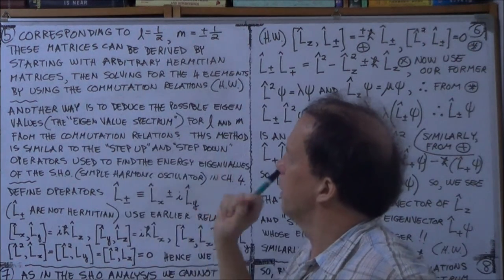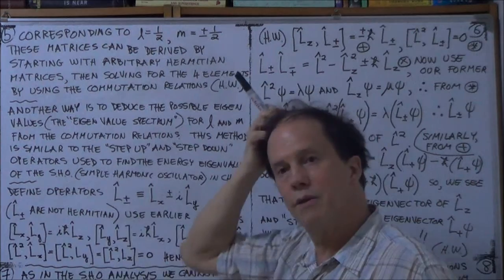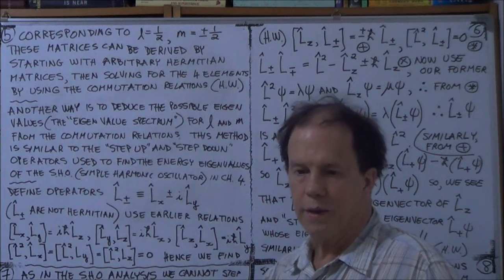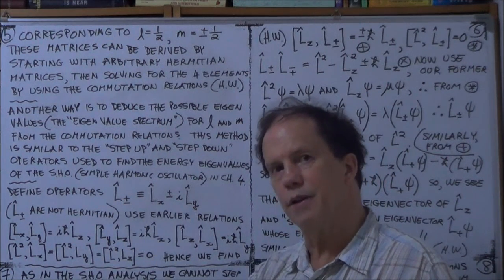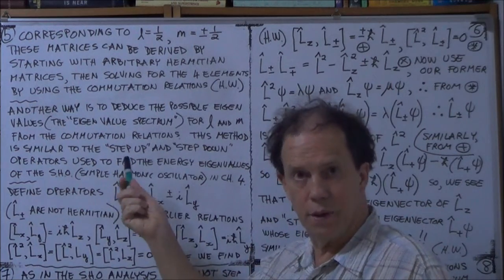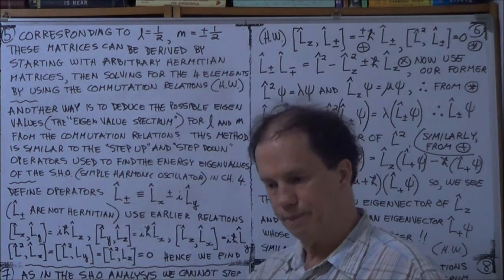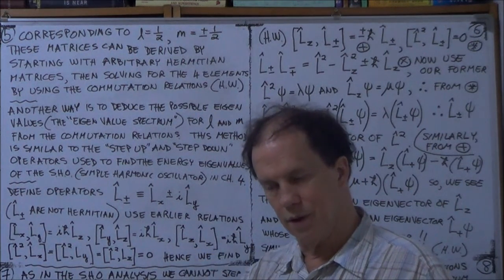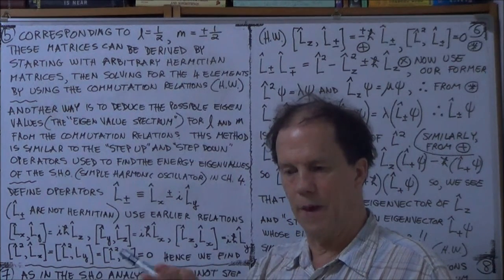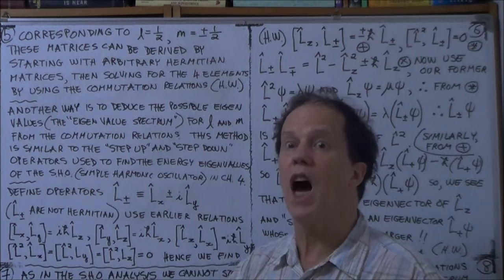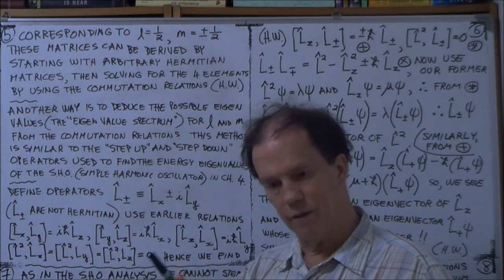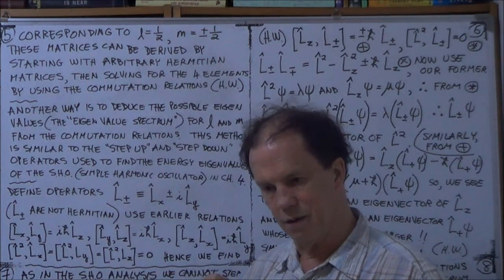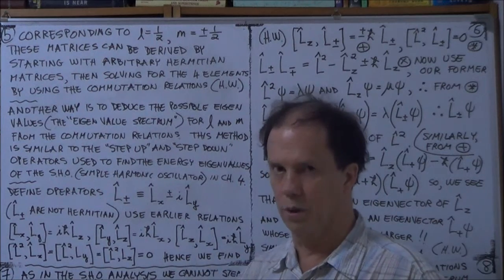This alternative way is similar to what we did for the simple harmonic oscillator problem before, where we had step-up operators and step-down operators. So what we'll do now is very similar. We will apply step-up operators on eigenfunctions, and that stepped-up eigenfunction will have an eigenvalue that's increased compared to the eigenfunction's normal eigenvalue.